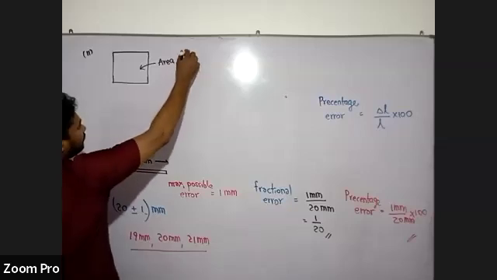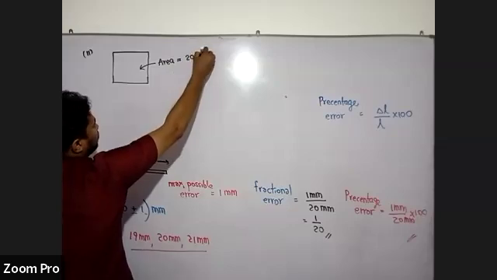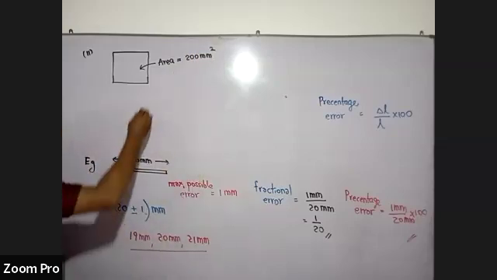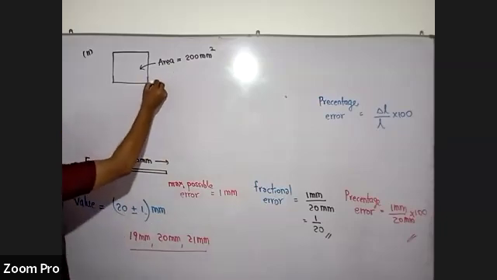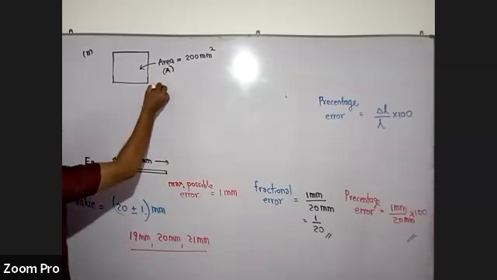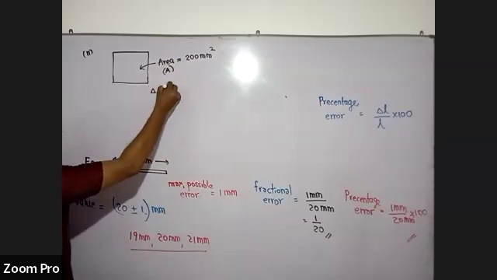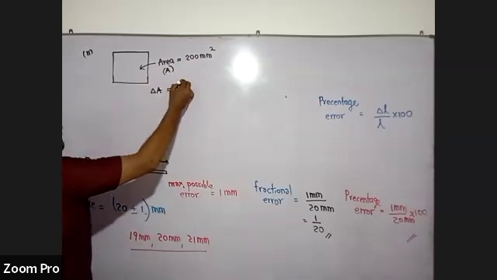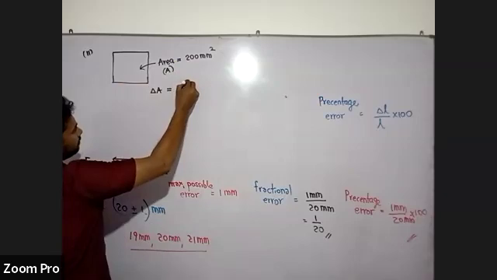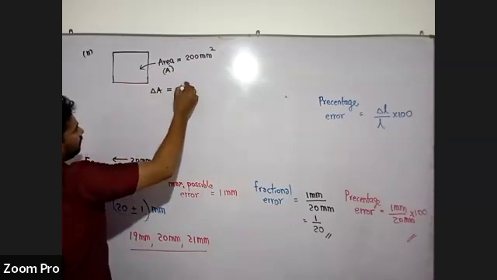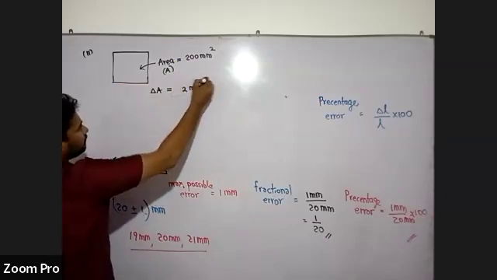The obtained area of this sheet, let's consider it as 200 square millimeters, and I'm representing area as A. The maximum possible error when measuring area, let's assume, is 2 square millimeters.